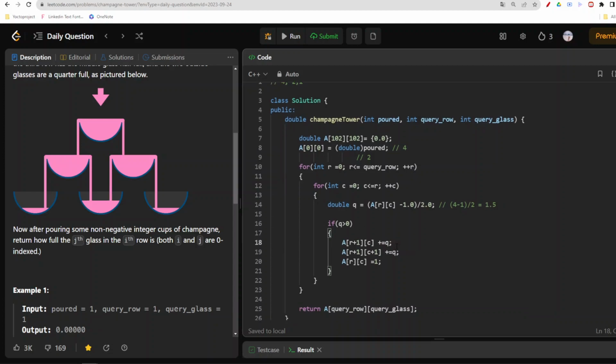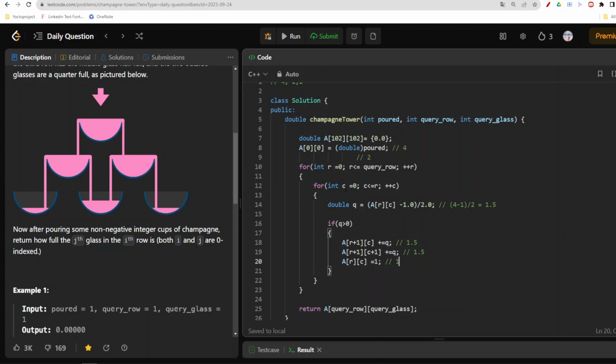So now the next row will get 1.5 and this will also get 1.5, right? And the first one will be having just 1. Basically whatever extra quantity was there, we have poured to the next levels.